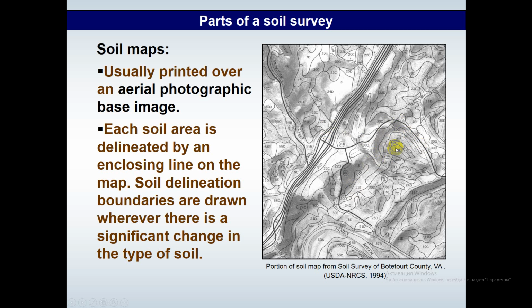Soil delineation boundaries are drawn wherever there is a significant change in the type of soil. This is a portion of a soil map from the soil survey of Botetourt County, Virginia.